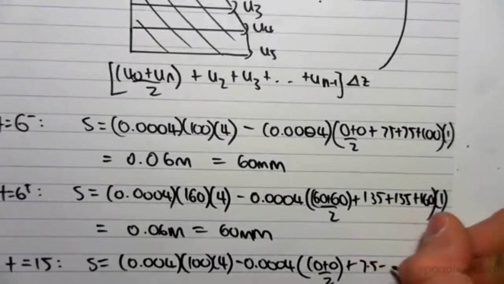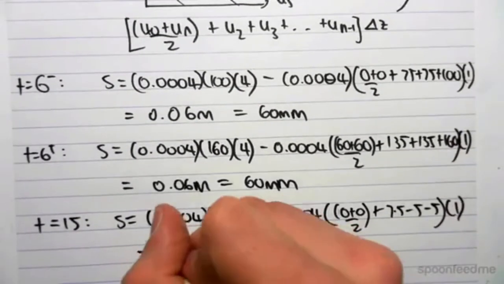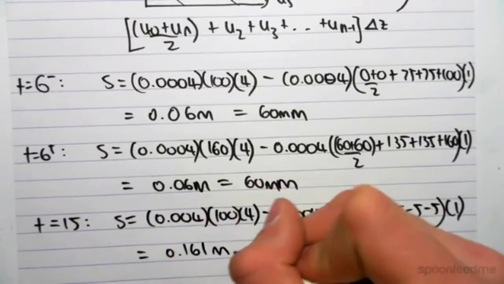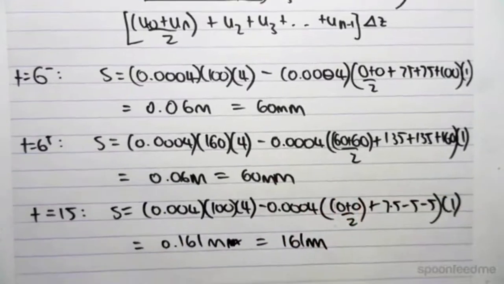So plus 7.5 minus 5 minus 5, and this is all times 1, the subdivision layer thickness. We would get an answer of 0.161 meters, which equals 161 millimeters.